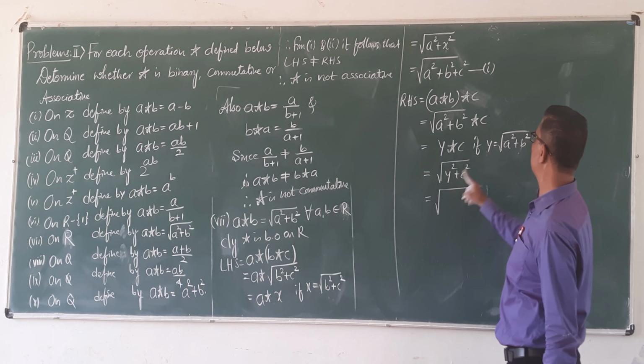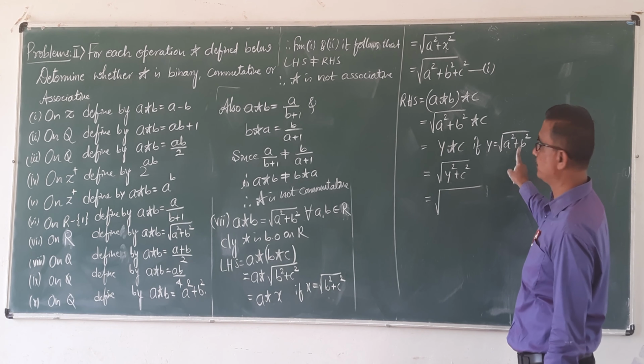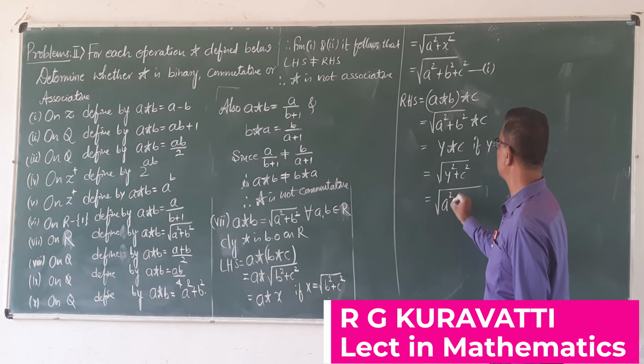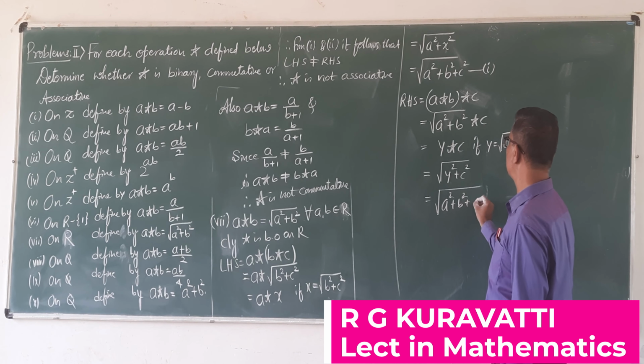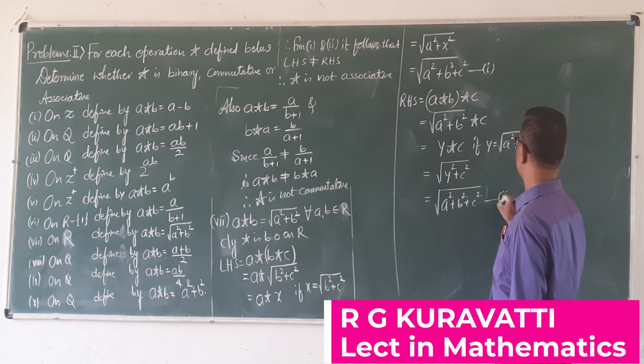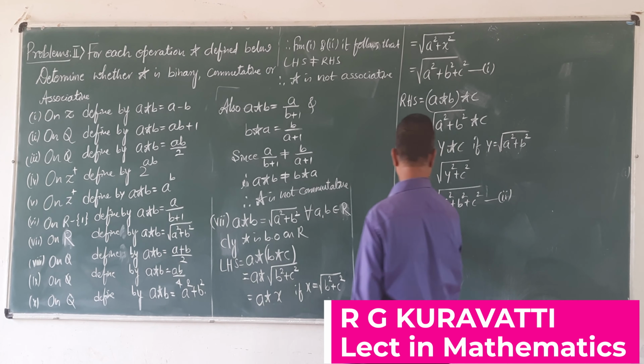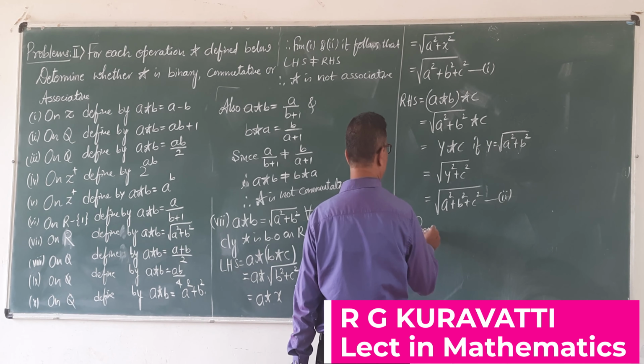Substituting the value of Y, root of A square plus B square, squared, root cancels. A square plus B square plus C square. So clearly, from equations 1 and 2, we conclude that LHS is equal to RHS. Therefore, star is associative.